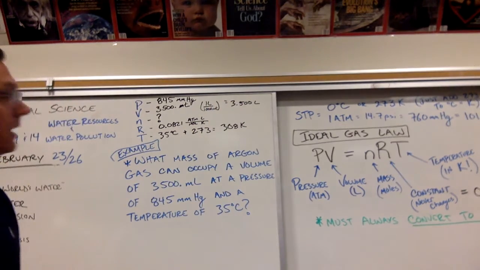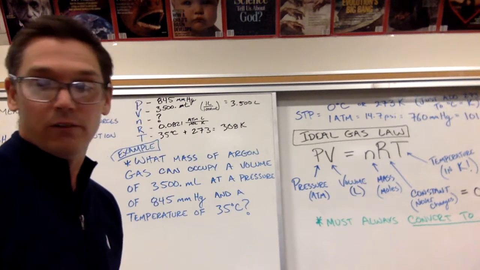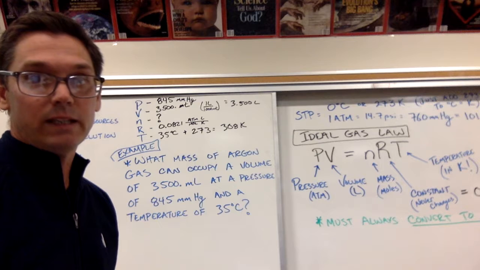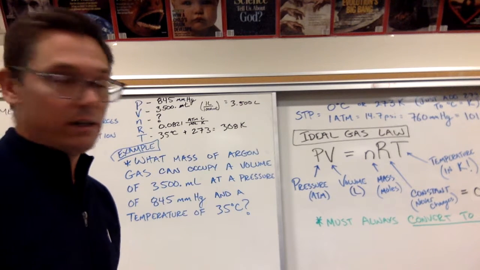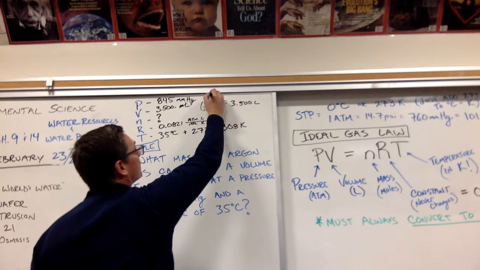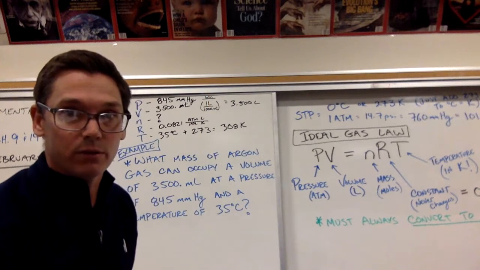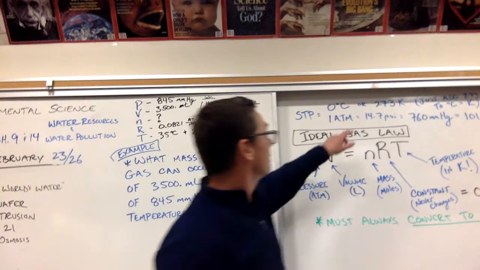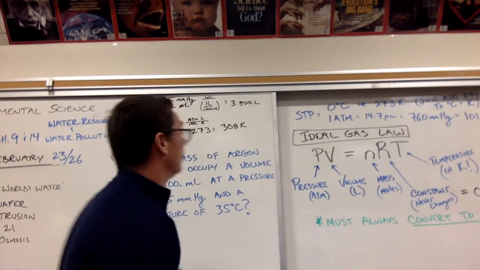All right, now up top there, I'll try to squeeze it in, 845 millimeters of mercury. Remember, we need it to be in atmospheres of pressure, right? So we know that in 1 atmosphere of pressure, there are how many millimeters of mercury? Well, here it says it right there, 760 millimeters of mercury.